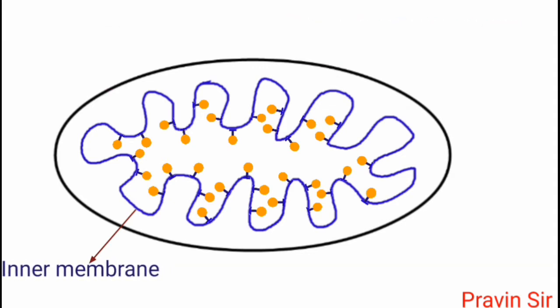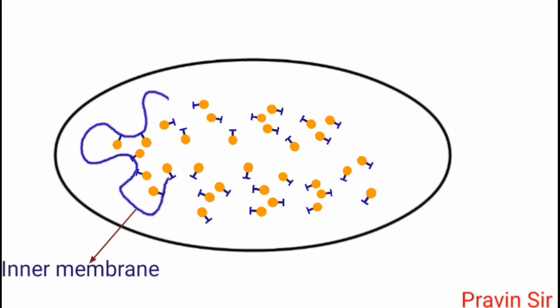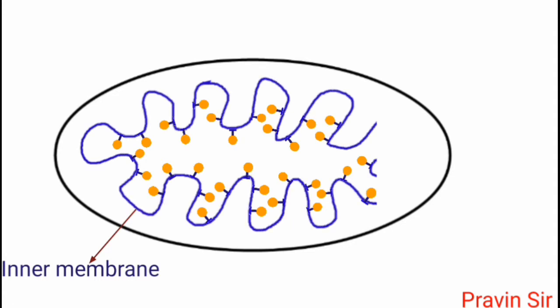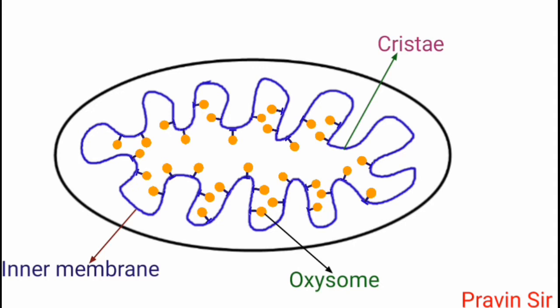The inner membrane shows several finger-like or plate-like folds called cristae, which bear numerous particles, oxysomes, and cytochrome electron carriers.